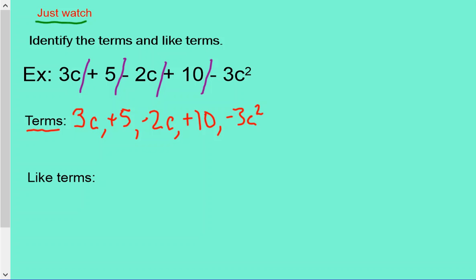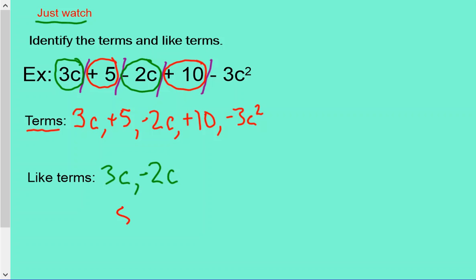Now that we've got our terms listed, I'm going to go back into my expression and see if I can find any like terms. In this situation, we have 3c and minus 2c. Those are like terms. And we also have plus 5 and plus 10. So our like terms here would be 3c and minus 2c, as well as 5 and 10.